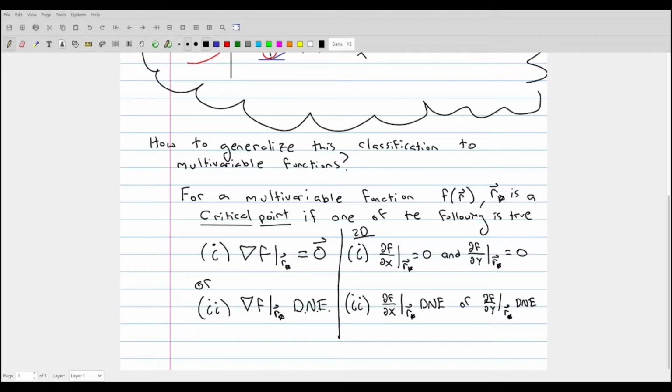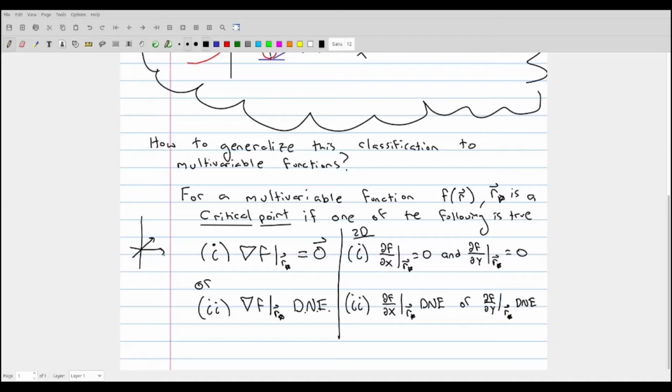So either guarantee that the gradient is equal to 0, or if the partial derivative does not exist, then you'll have to show that one of the limits does not exist for one of the partial derivatives. A good example is the roof function. At certain points on the roof, or if you have a cusp, anytime you have a cusp on your surface.